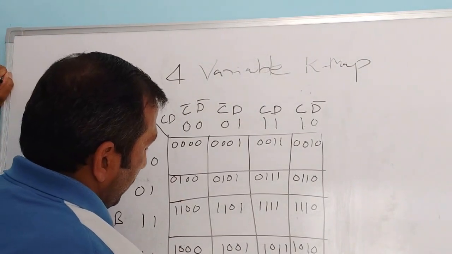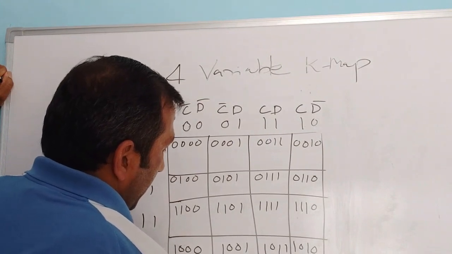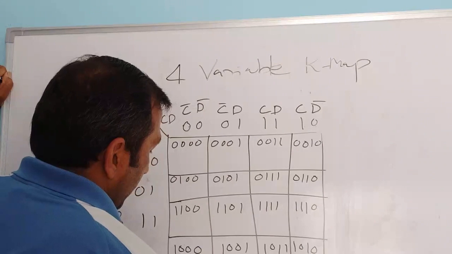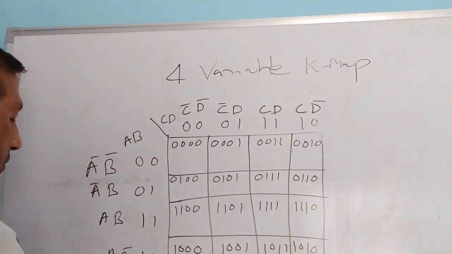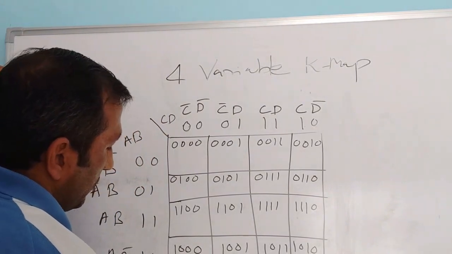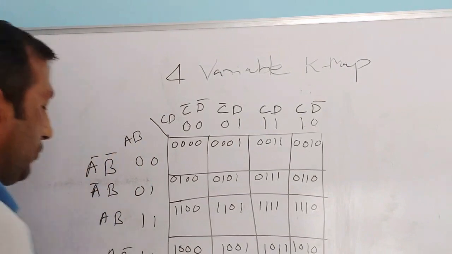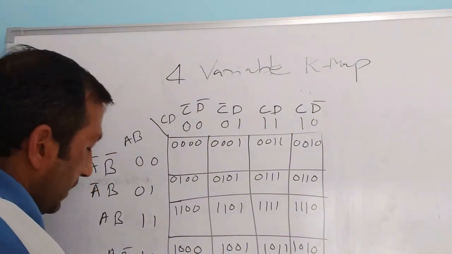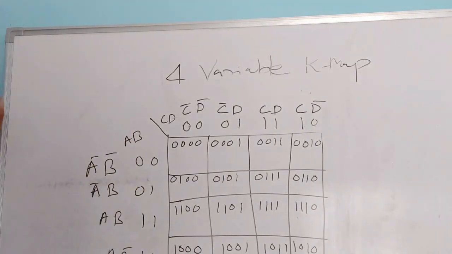You multiply by 2 to the power 0, 1, 2, 3. Now 2 raised to power 3 is 8, and 8 into 1 is 8. Any number multiplied by 0 is 0, so ultimately the sum is 8. So that means 8 should be over here.